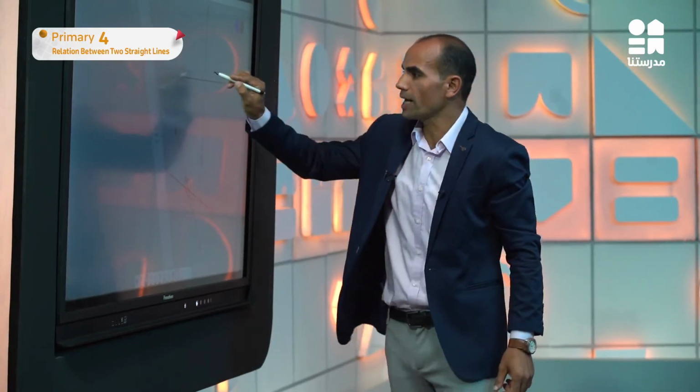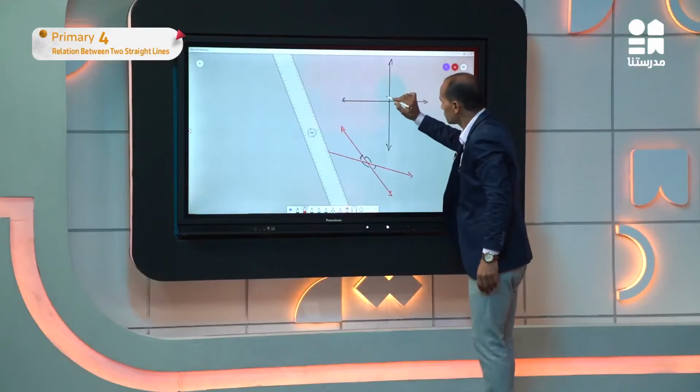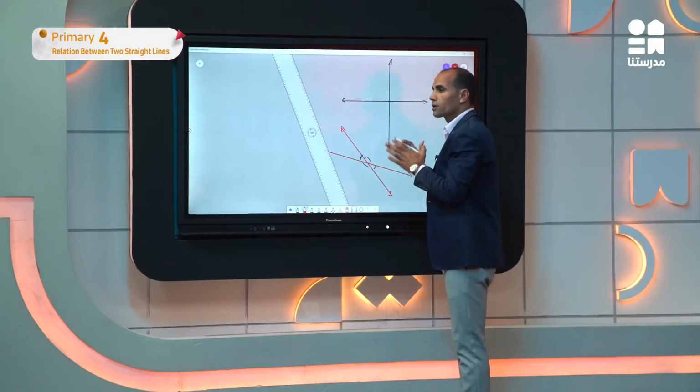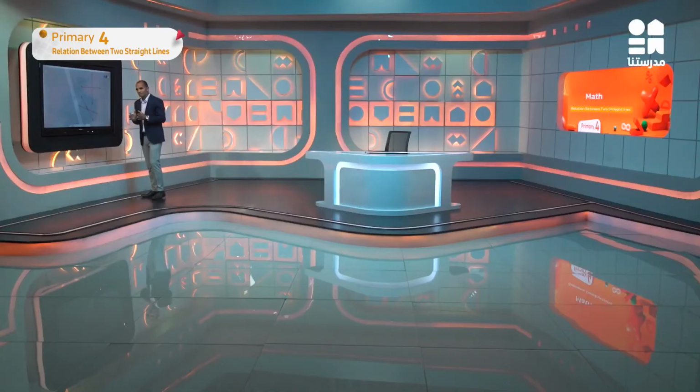And of course we have 4 angles as well. 1, 2, 3, 4. But all of them are right angles. Of course you can remember the right angle, its measure is 90 degrees. Yes, the measure of the right angle equals 90 degrees.